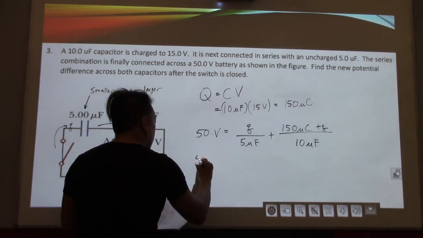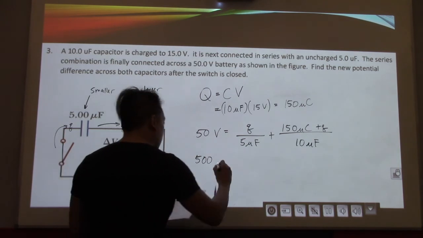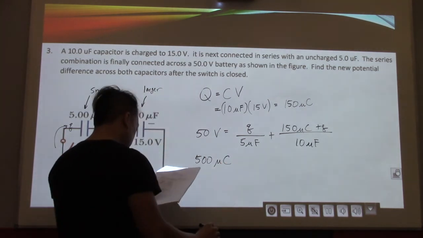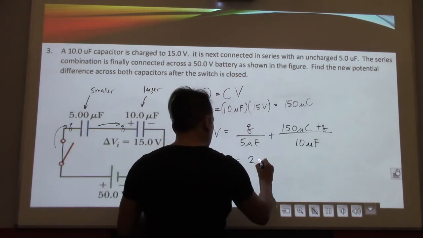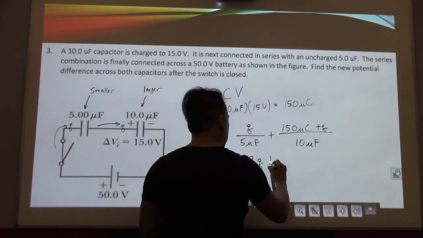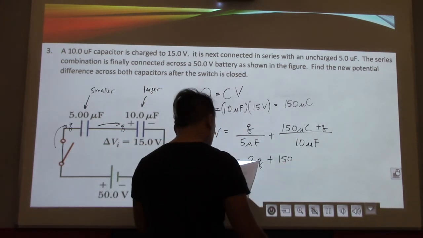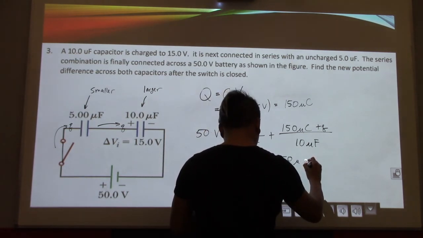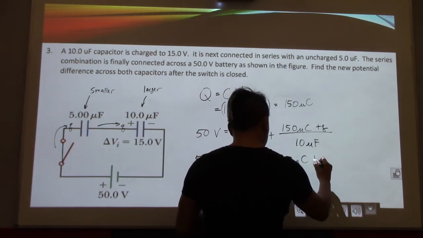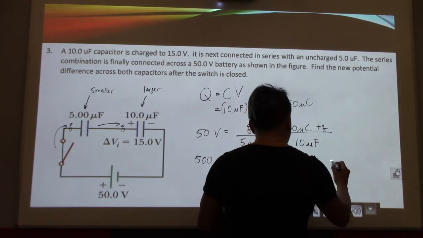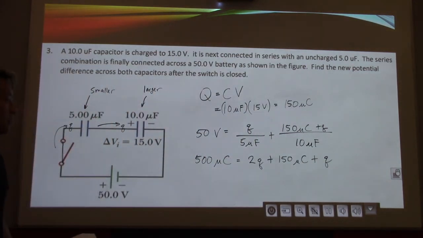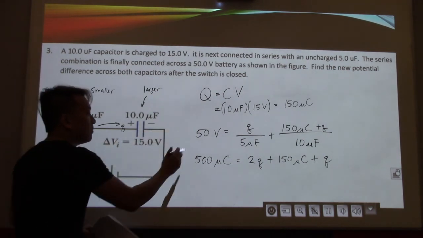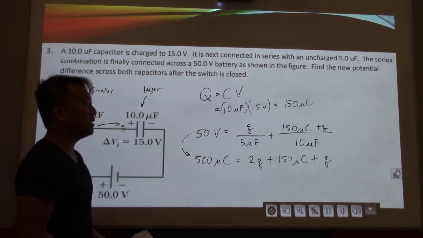You're going to get 500 microcoulombs equals 2Q plus 50 microcoulombs plus Q. This step to this step, I skipped some steps, but what essentially am I doing, right?